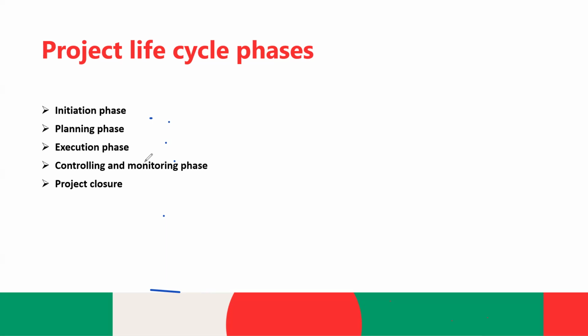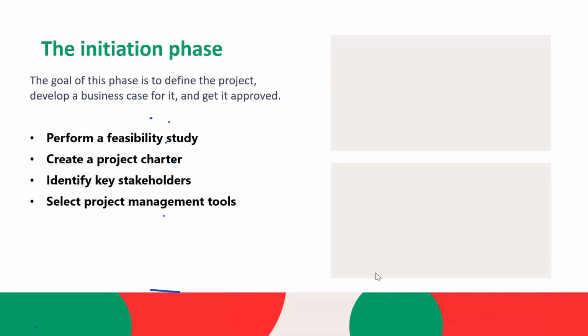Okay, so now we'll discuss in detail. Okay, I have created this. So first we have the initiation phase, where we will check the feasibility study, whether it is possible or not, for whatever requirement they have received from the business or the end client.